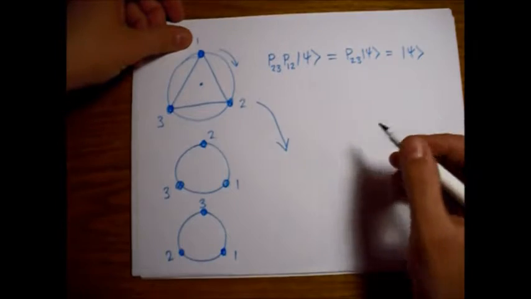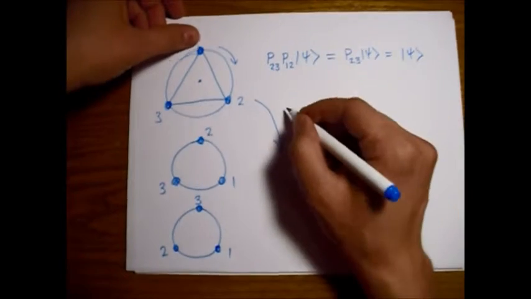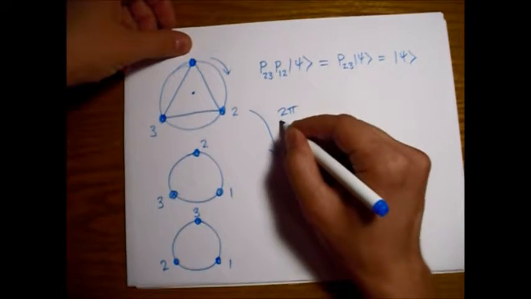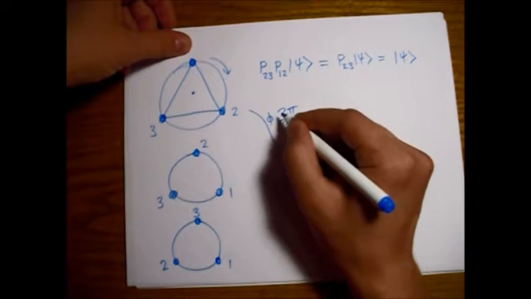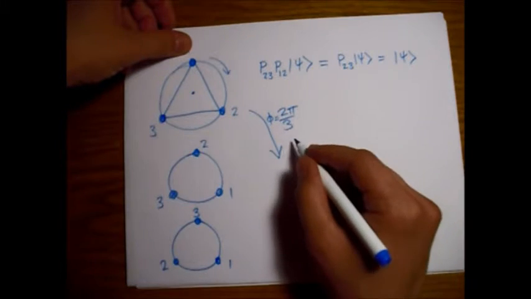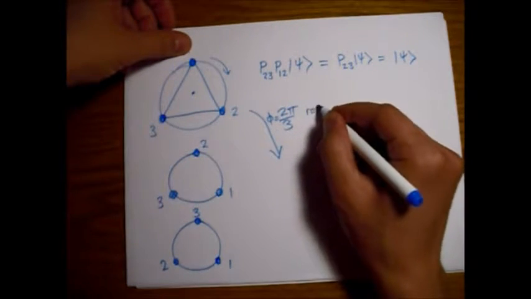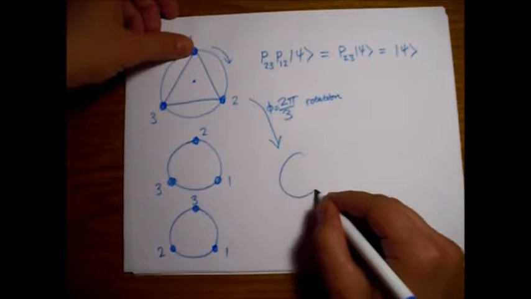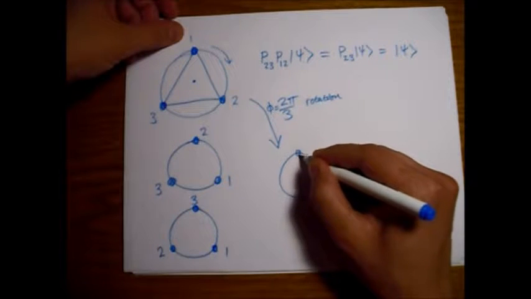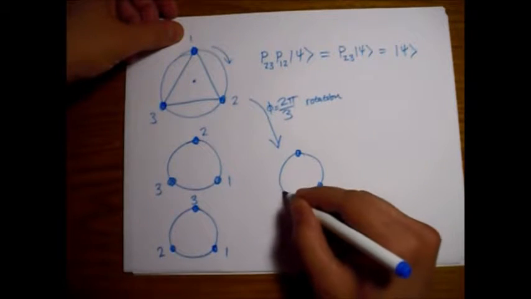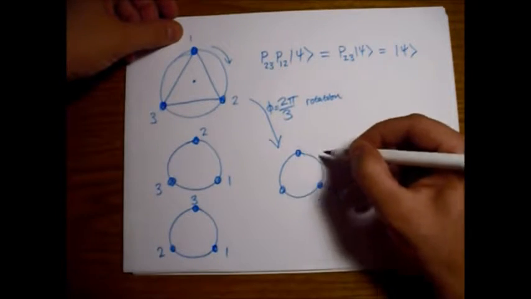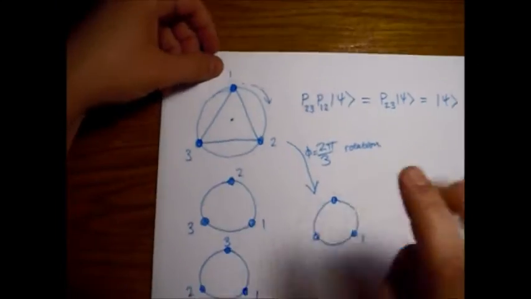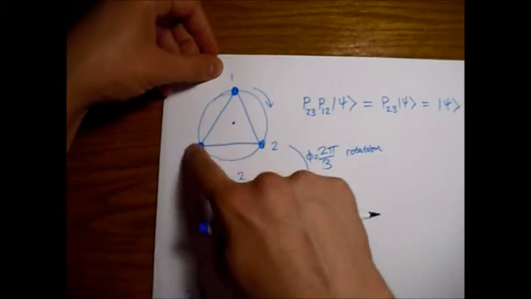2 pi over 3. So if we had a rotation by 2 pi over 3, I'll just call that angle phi, then 1 comes down here, 2 comes here, 3 comes here.